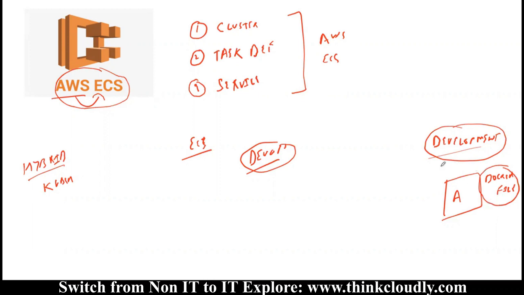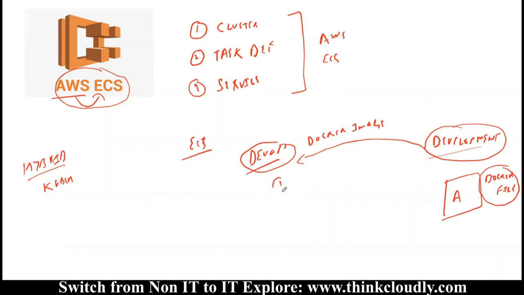So the development team will hand over this Docker image to the DevOps team. Once the DevOps team has this Docker image, they will keep it in some repository. Okay, guys, remember this thing: the DevOps team keeps the Docker image in the repository.